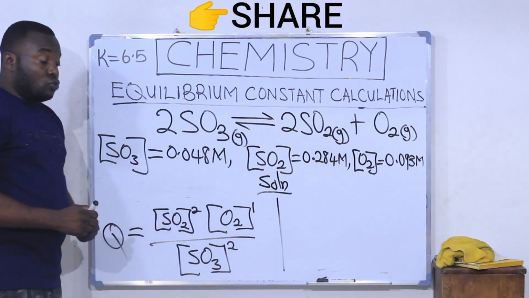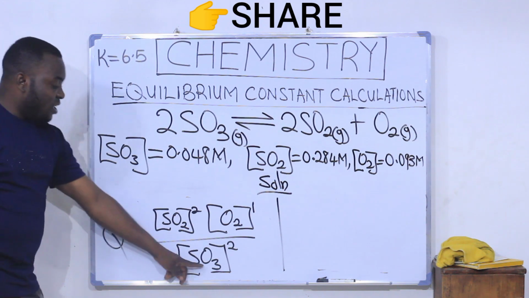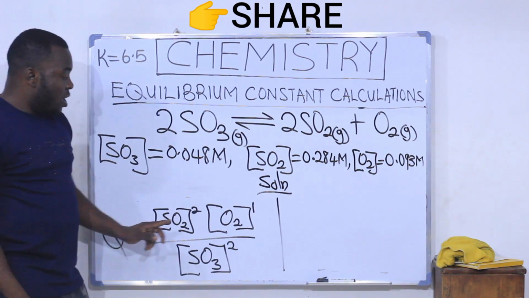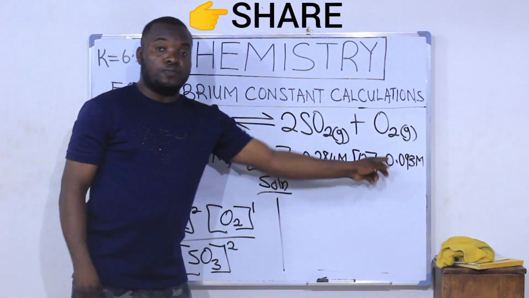The next thing I will do is substitute the value of each one. Anywhere I see SO3, I'll replace it with 0.048 given in the question. Anywhere I see SO2, I'll replace it with its value. Anywhere I see oxygen, I'll replace it.